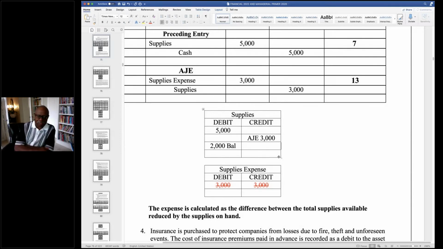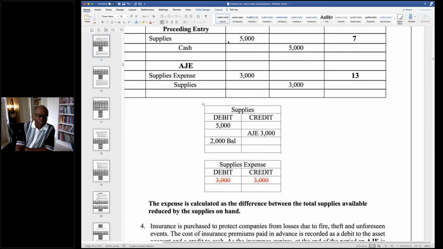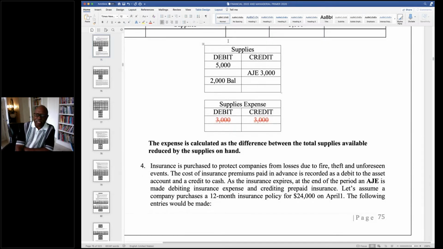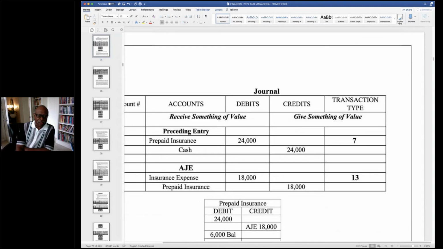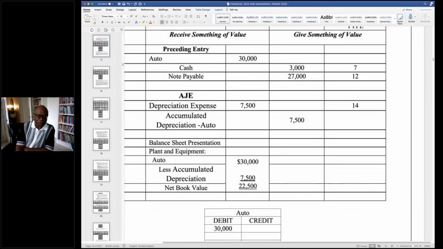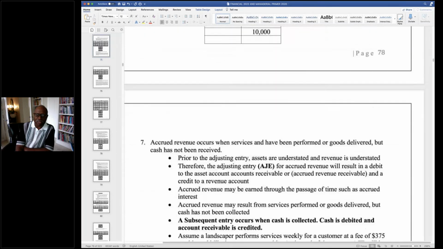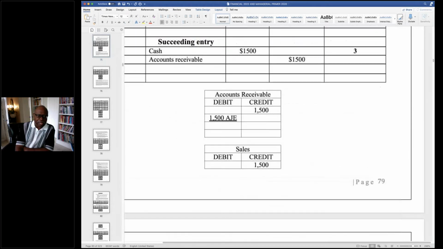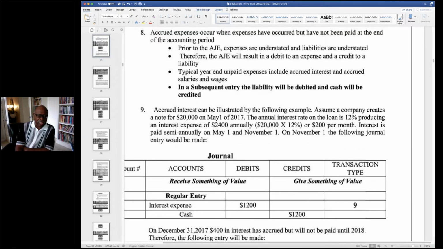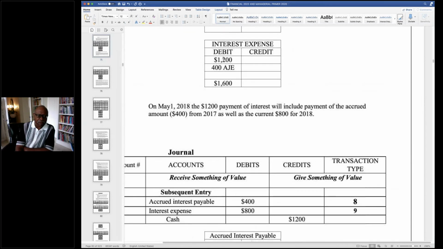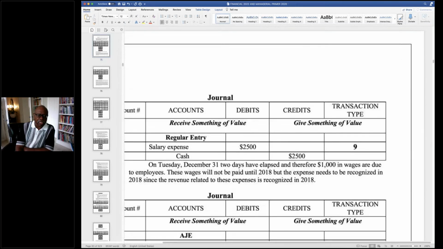So you'll be able to do it on Tuesday with the attendance quiz. Everybody can handle this on the attendance quiz on Tuesday? So we know now that we're going to have an adjusting entry for supplies on Tuesday on the attendance quiz.